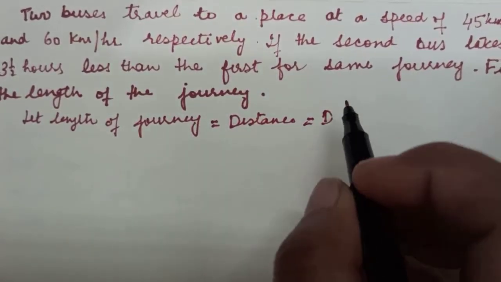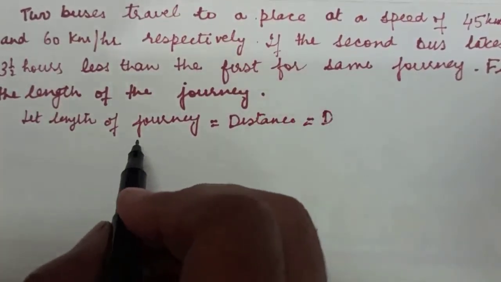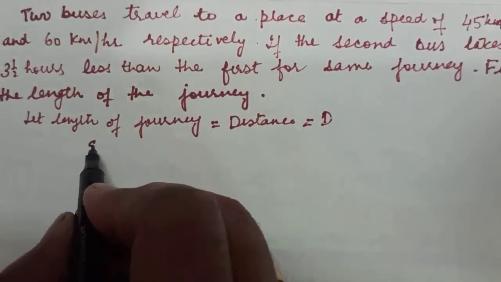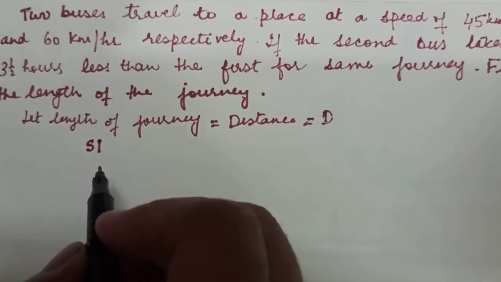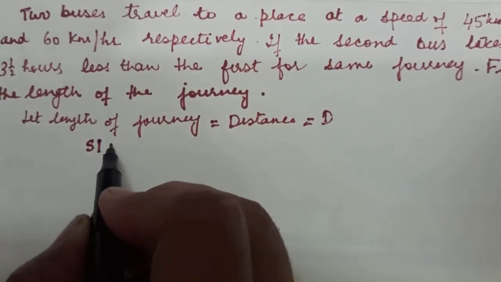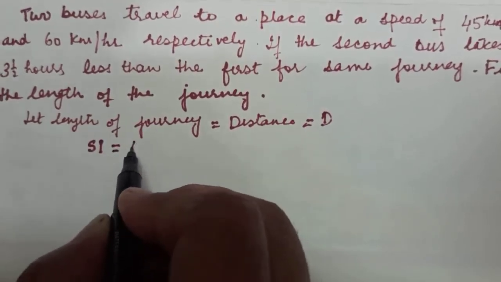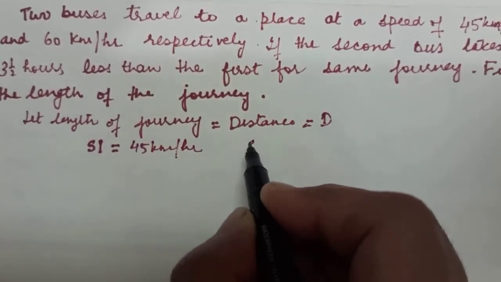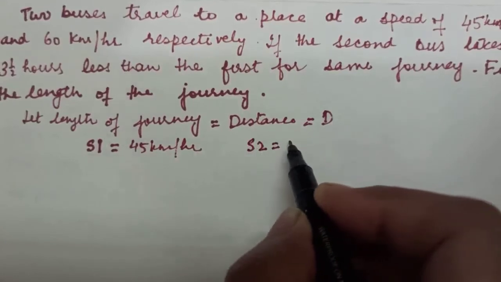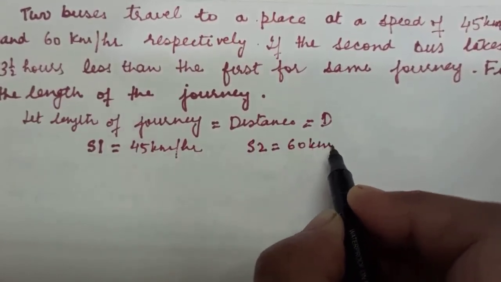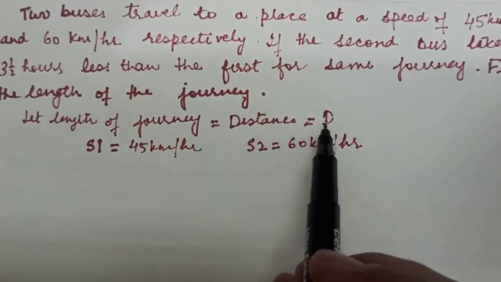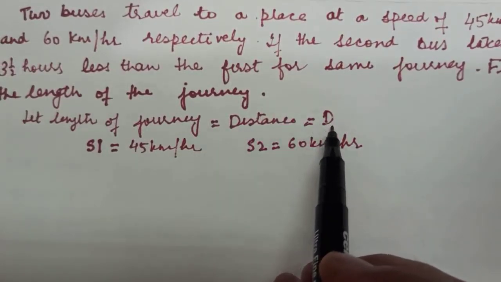Alright, now we are given the speed of two buses. I will take, let S1 be the speed of the first bus, 45 km per hour, and S2 be the speed of the second bus, that is 60 km per hour. As both the buses are covering the same distance, that will remain D only.